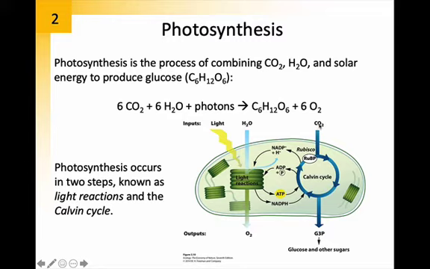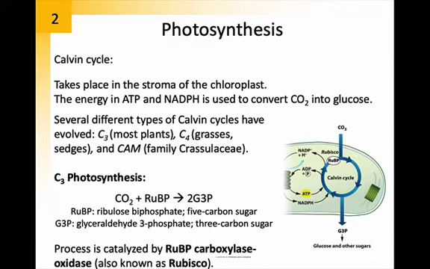And in fact, what happens is it takes this single carbon, adds it to the 5-carbon sugar, and then makes 2 3-carbon molecules here. This is glycerol 3-phosphate. So that's the basics of photosynthesis. This should all be a review. And let's then consider this Calvin cycle in a little bit more detail.